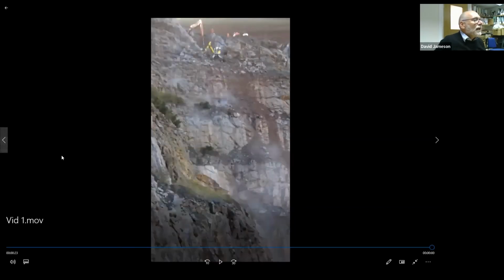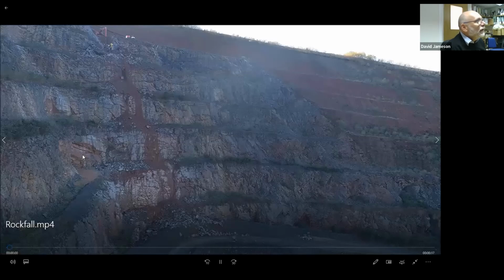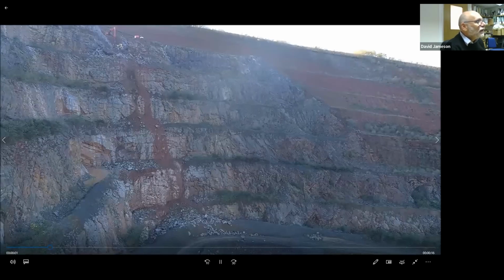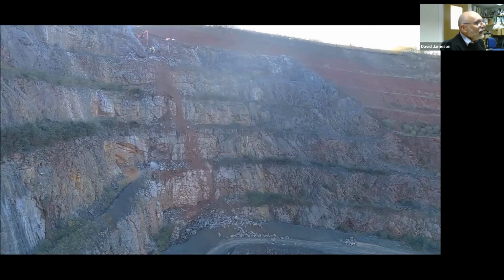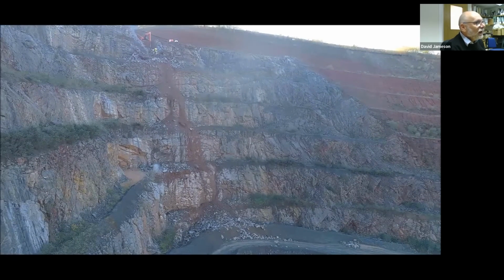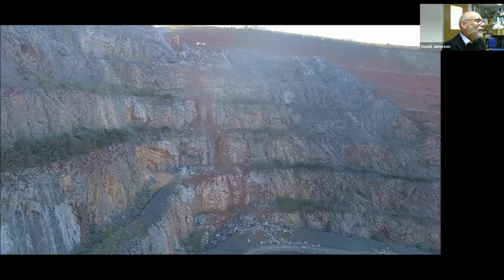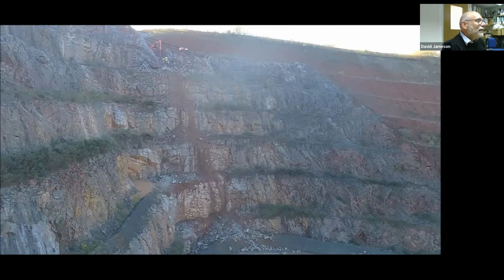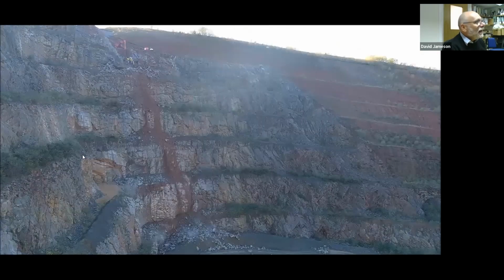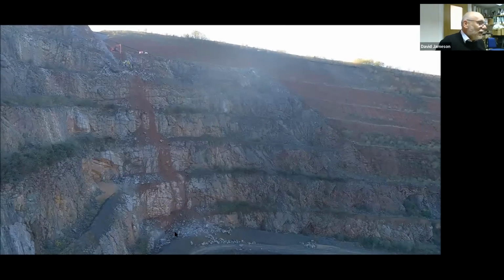And we can have a look at an example from the drone itself. You see this block rolling end on end here. It doesn't go anywhere near the original line down which it comes. It's controlled by a gully to the left-hand side on the picture, and rolled end on end down the side of a rock pile, and then incident into the rock trap at the bottom of the slope.